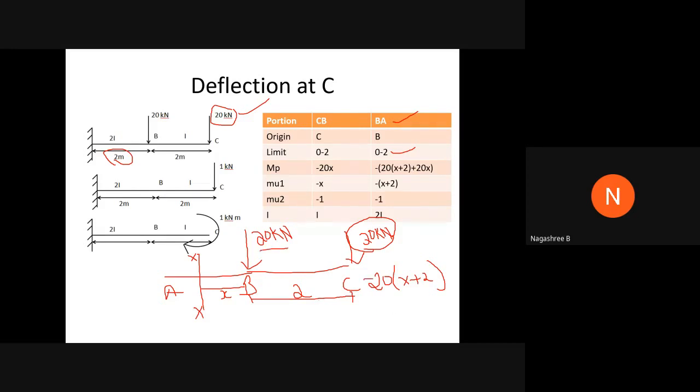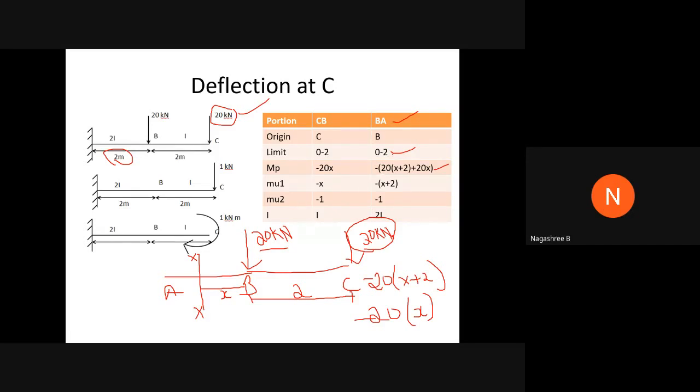The next load is 20 kilonewton. The distance between this load and XX is X, so it is 20 into X, which is again clockwise and considered negative. This is the value where I have taken the minus sign as a common factor.